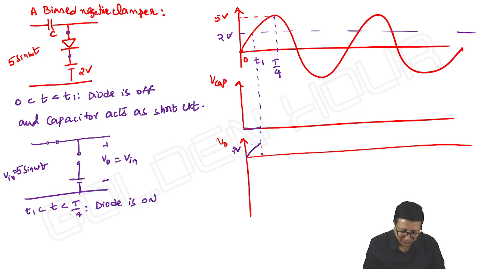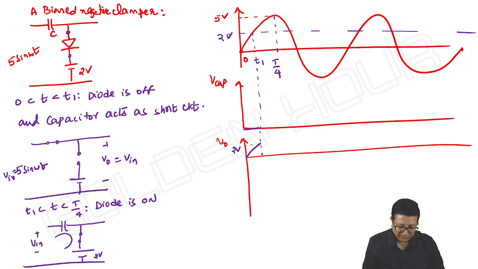The diode is on, so it acts as a short circuit. This is how the current will be flowing. So the capacitor starts charging with polarities plus minus, left to right. The capacitor charges towards the input with time constant Rf into C. Ideally the diode acts as a short circuit, not at all an issue.